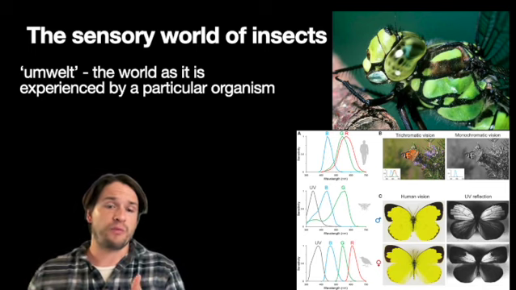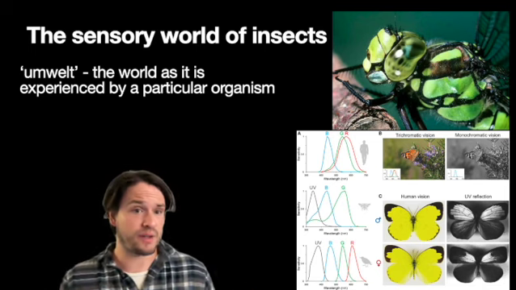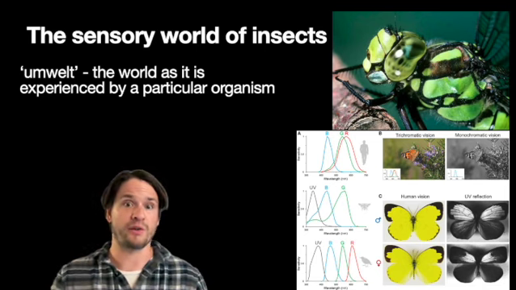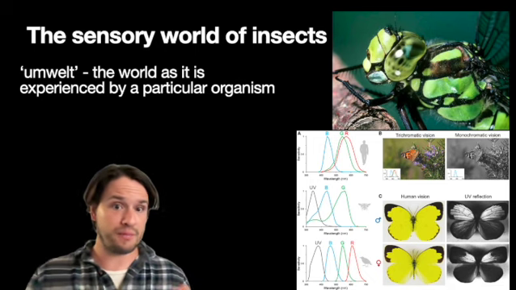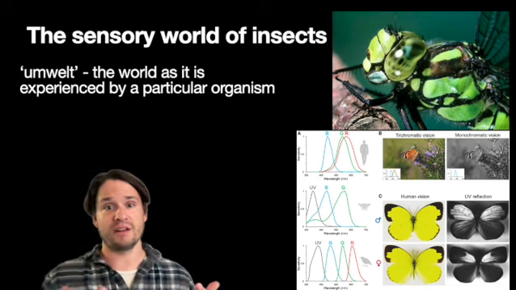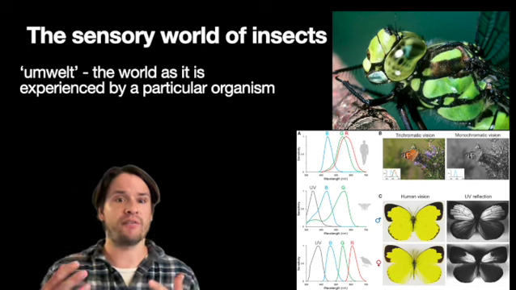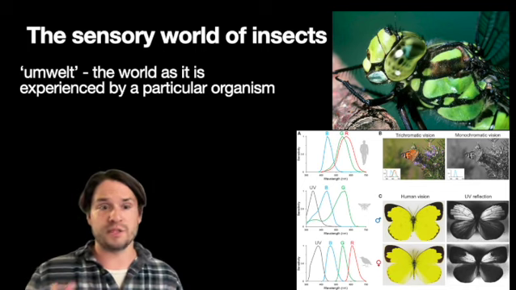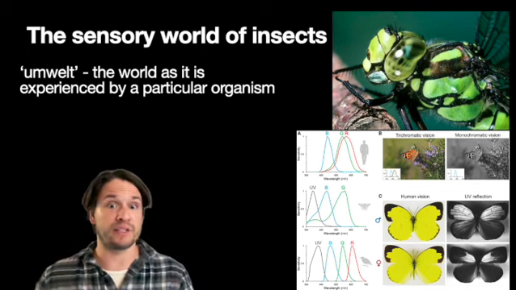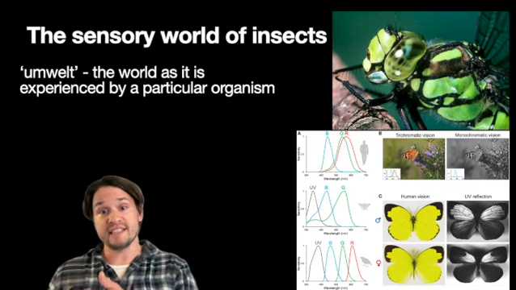Also, if we think about what wavelengths or what kinds of light insects see, it's actually quite different than us. Just as a reminder, we have three pigments, red, green, and blue opsins, that allow us to see those wavelengths of light. But those are different than what insects have. Insects also have three main opsins corresponding to wavelengths of light that they can see, but they don't see red so well, and instead they can see UV.